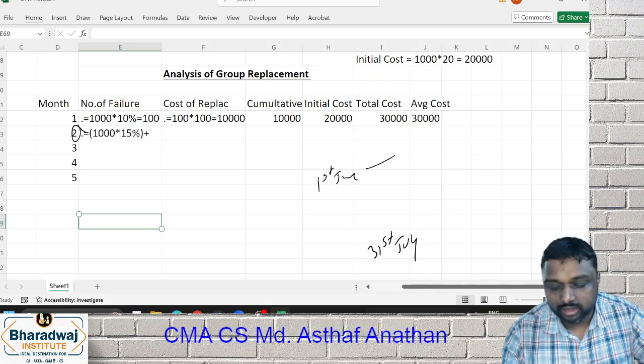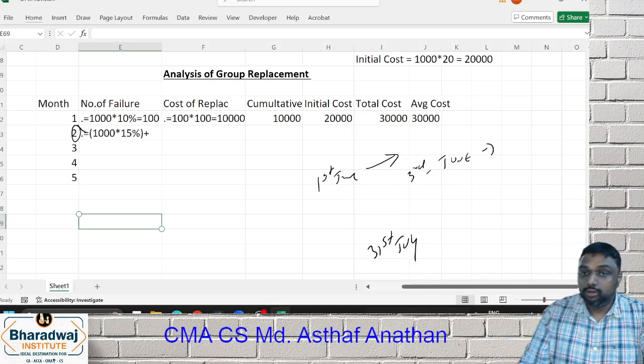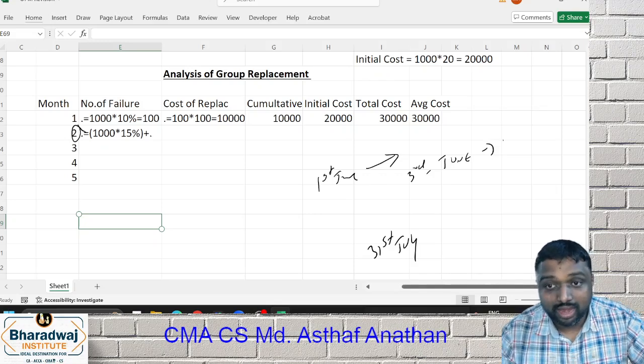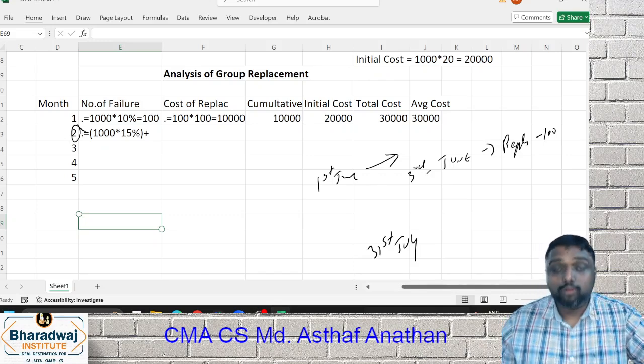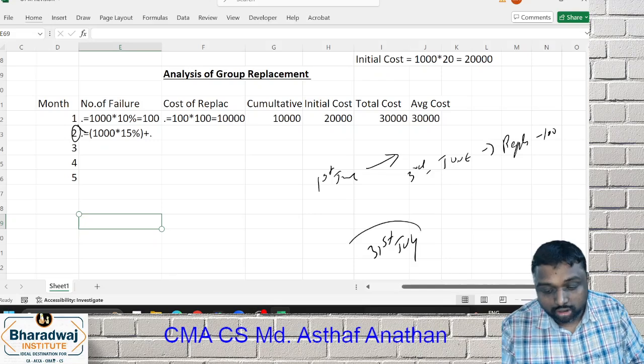Now I would like to tell you. 1st June you started. 3rd June, one bulb fails. What will you do? You will replace it. So 100 bulbs like that you will replace. Correct? Yes or no? Now, will that bulb fail again before 31st July?